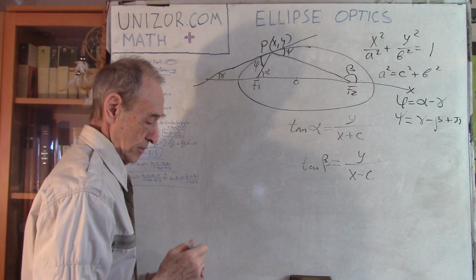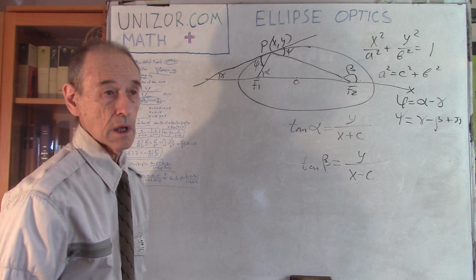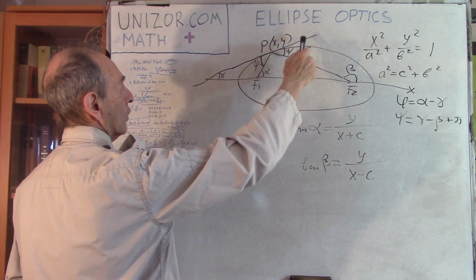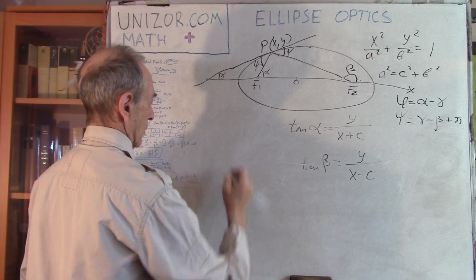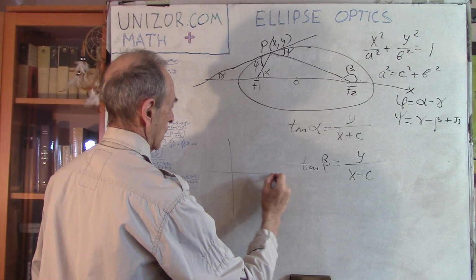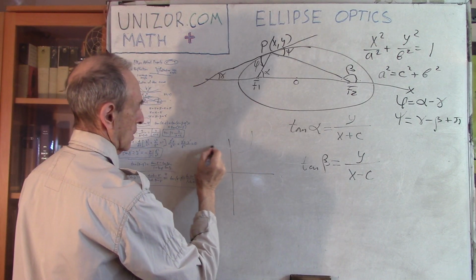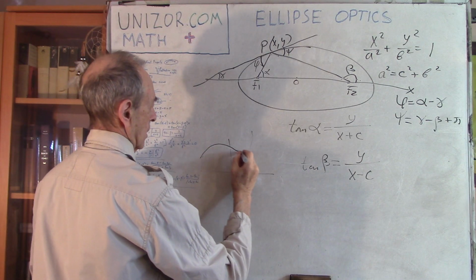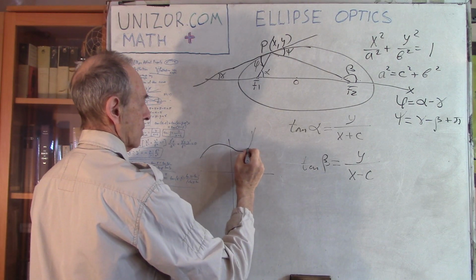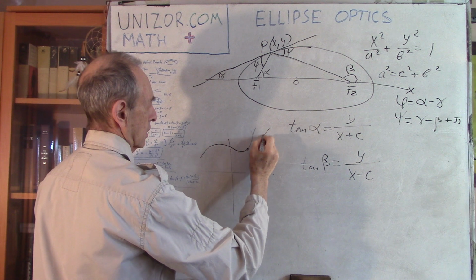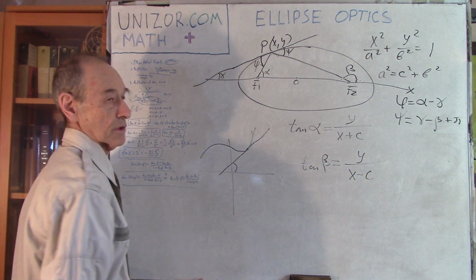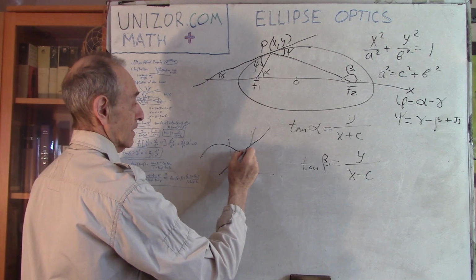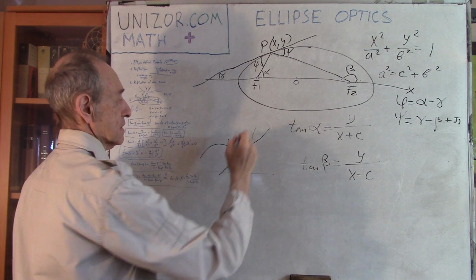Remember, and that's calculus, that if you have a curve and at some point you have a tangential line, then the tangent of this angle is actually the derivative of this function.